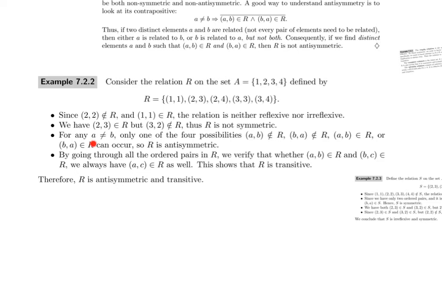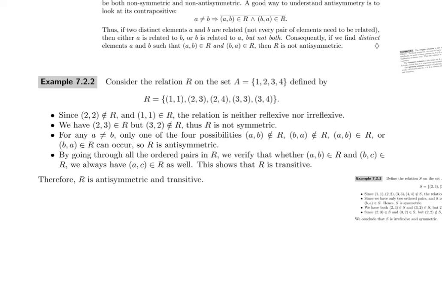Now, if we take any distinct elements of the set A, for example 2 and 3, we have (2, 3), but we don't have (3, 2). We have (2, 4), but we don't have (4, 2). We have (3, 4), but we don't have (4, 3).